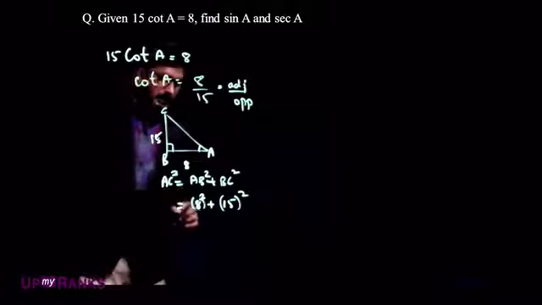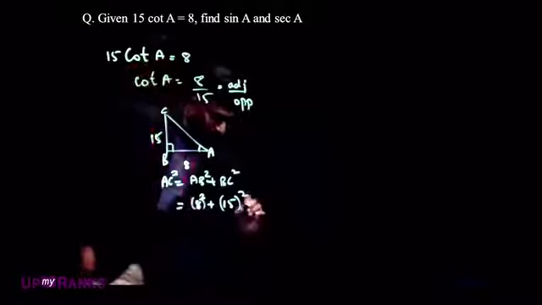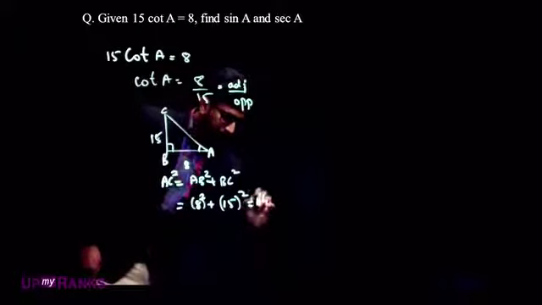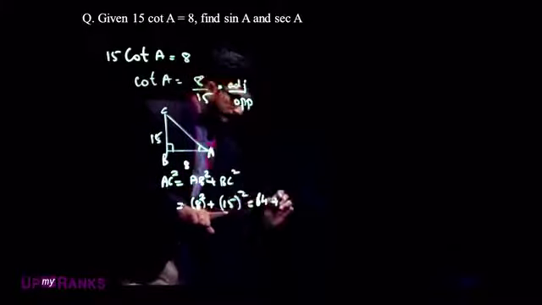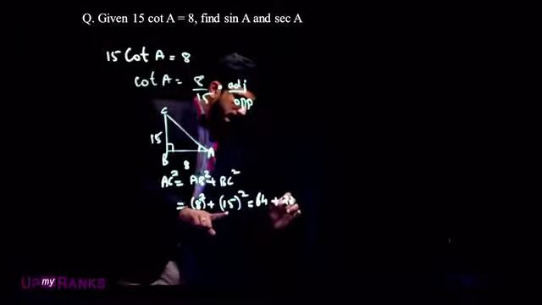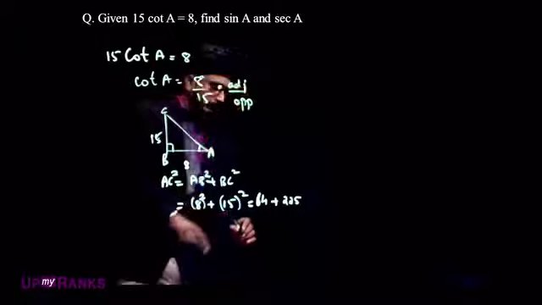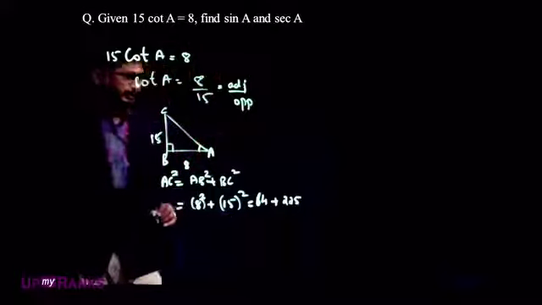Now you can see that 8 square is 64, plus 15 square is 225.